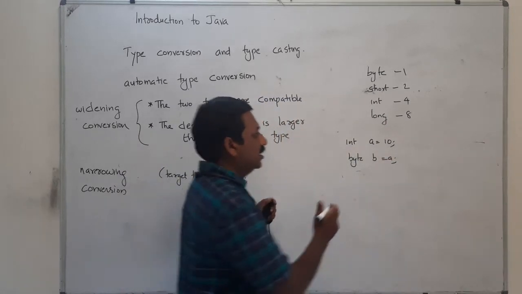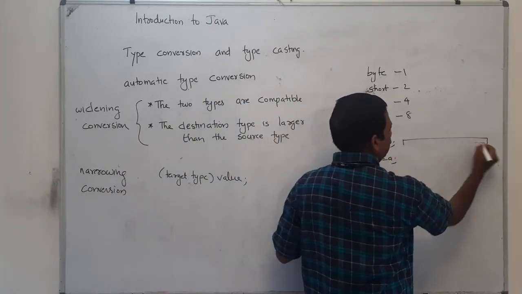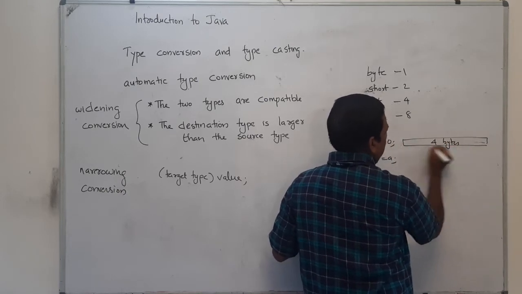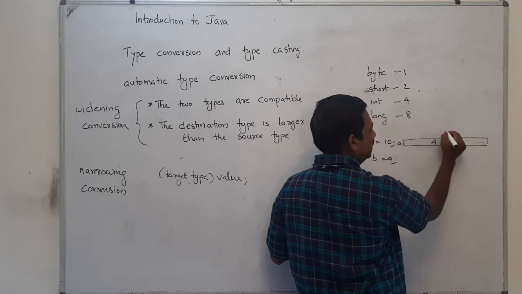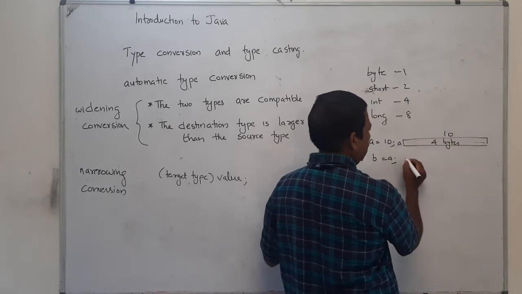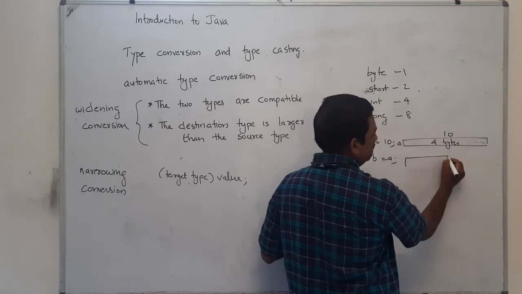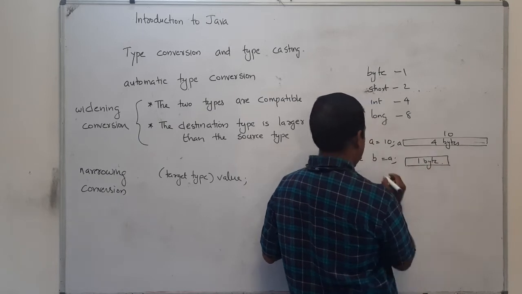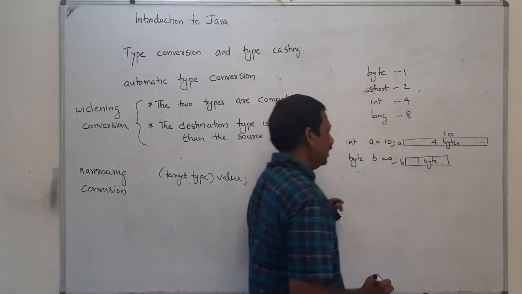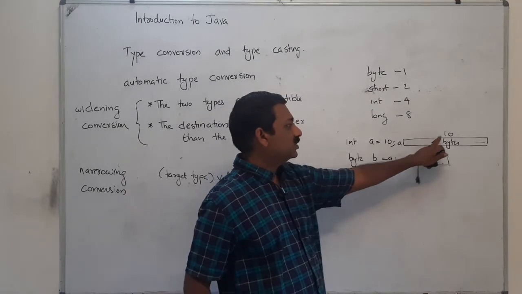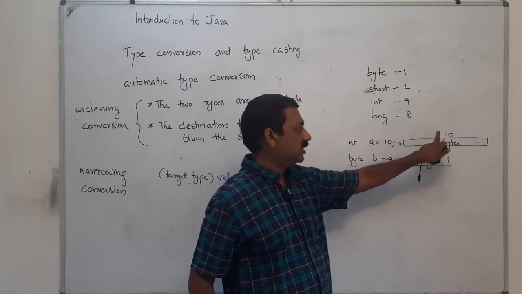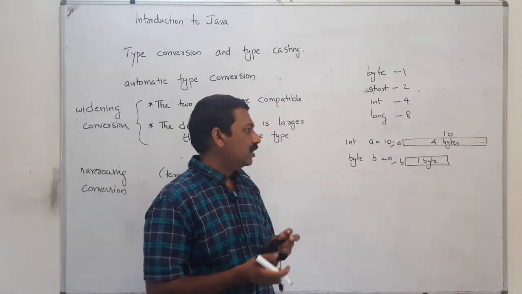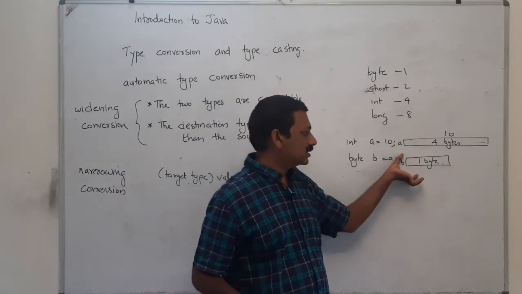Here 4 bytes are allocated for a, with an initial value of 0 and then 10, and b has only 1 byte. Suppose you are going to assign this value to this place. What will happen? If it is 10, this can accommodate that.